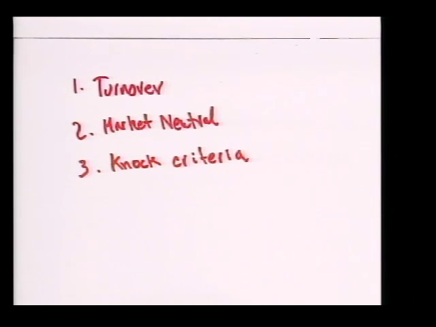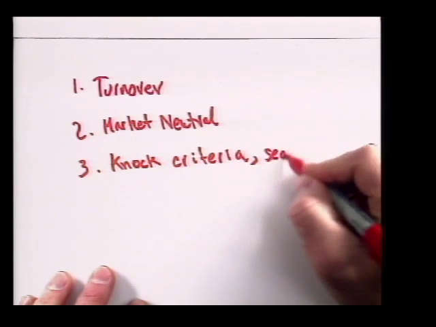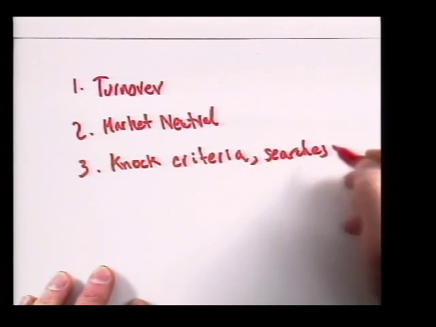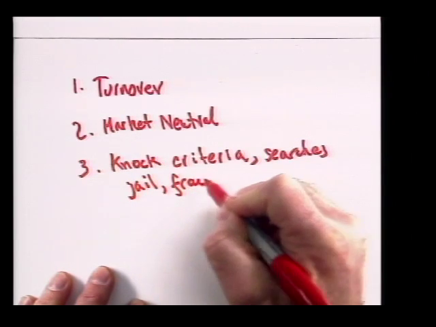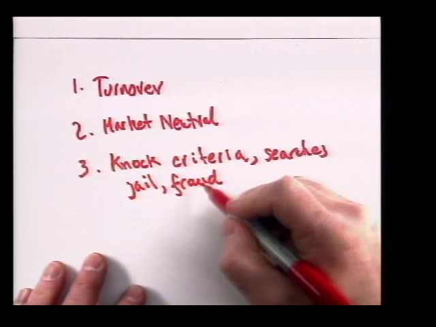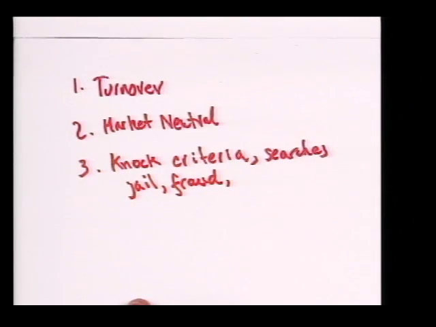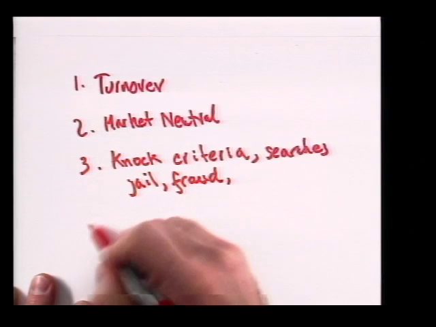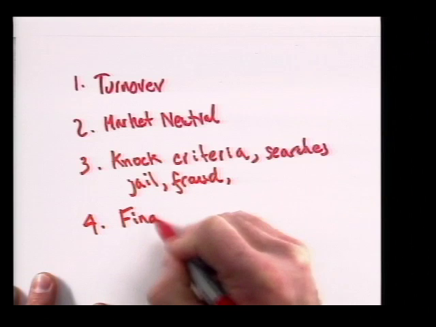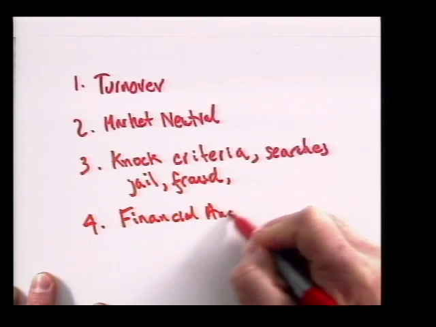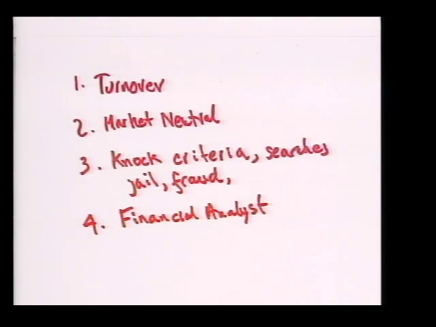And this is basically knocking firms out of the buy list, doing various searches for jail, stuff like that, fraud, the usual stuff. Okay. Number 4, the financial analyst. Mentioned last time, let them take a look at the list. Give them some leeway to make adjustments.